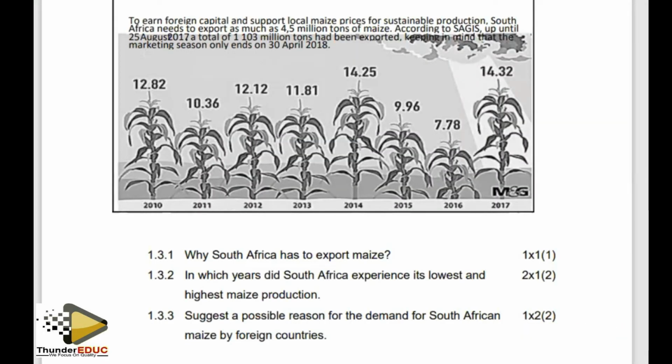Question 1.3.2, it says, in which years did South Africa experience its lowest and highest maize production? So this as well, we can look at the infographic to find when it did experience its lowest. If you look at the figures, I think 2016 was the lowest.